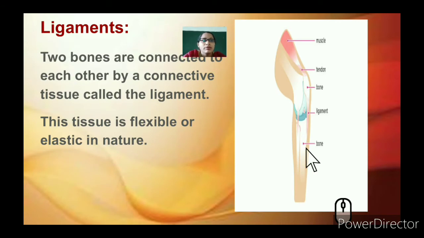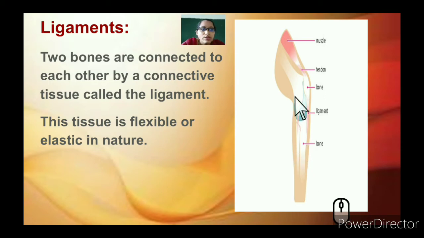So what is the next type of connective tissue? That is the ligament. To understand it, you should know that there is a connectivity between the bones of your hands, legs, etc., so that you are able to bend or fold, and it helps you to run, walk, etc. You can see here the thigh bone, and below down the leg the bone is connected by a connective tissue known as the ligament.